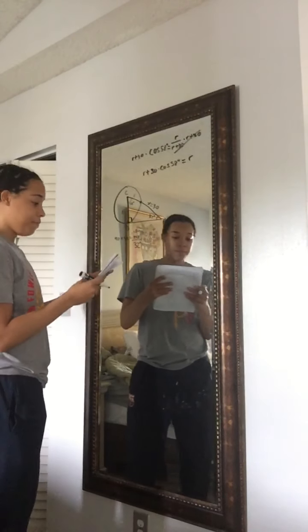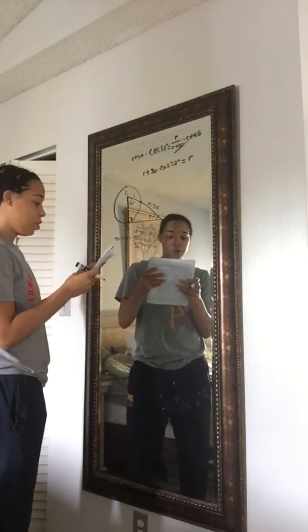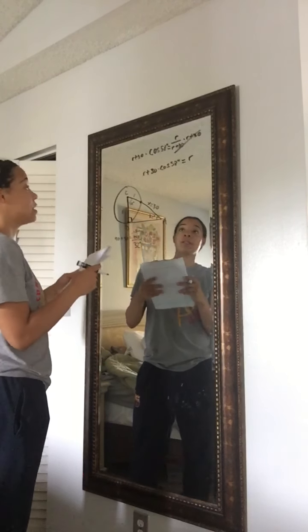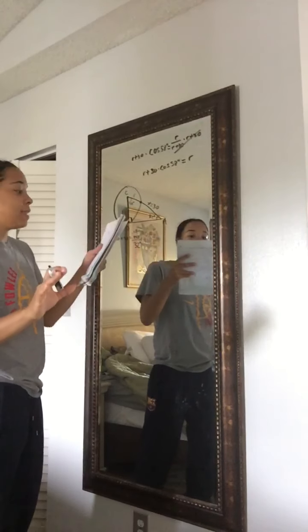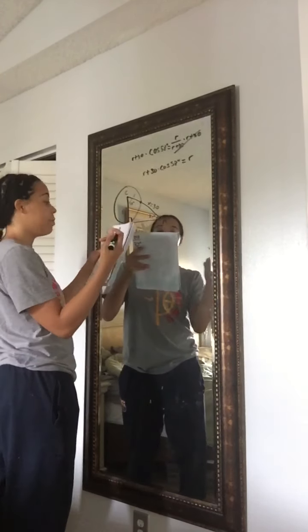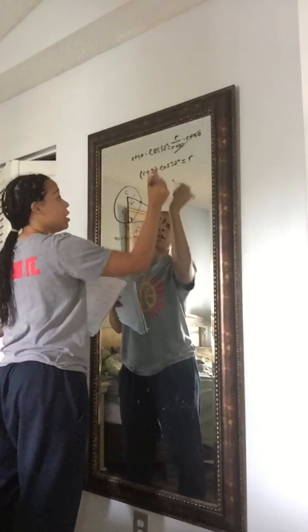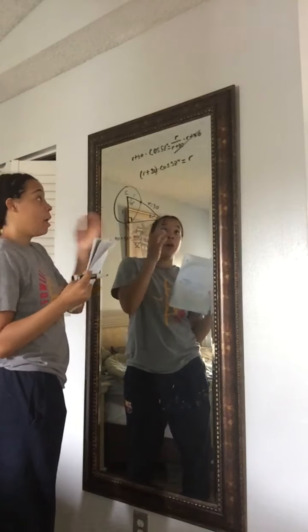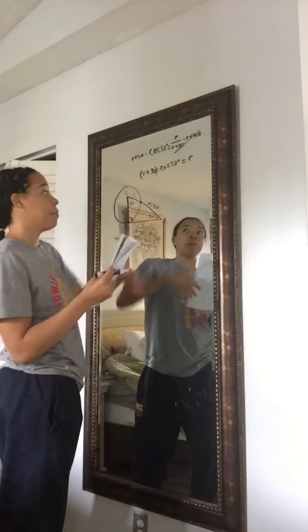Our next step is to distribute. We're going to do algebra, and we're going to distribute the r plus 30 to the cosine of 58 degrees. By doing that, it helps us solve for r.